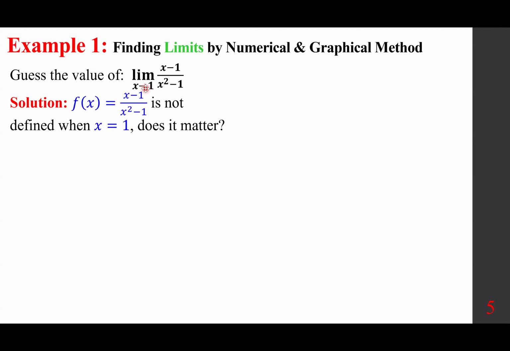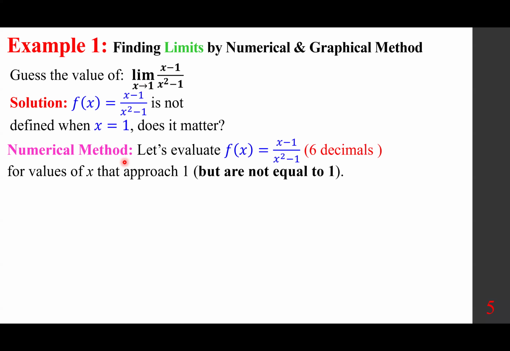So let's look at this with a numerical method. Let's evaluate f of x equals x minus 1 over x squared minus 1, with six decimals, for values of x that approach 1 but are not equal to 1. The tables below give values of f of x for values of x less than 1 and x larger than 1.